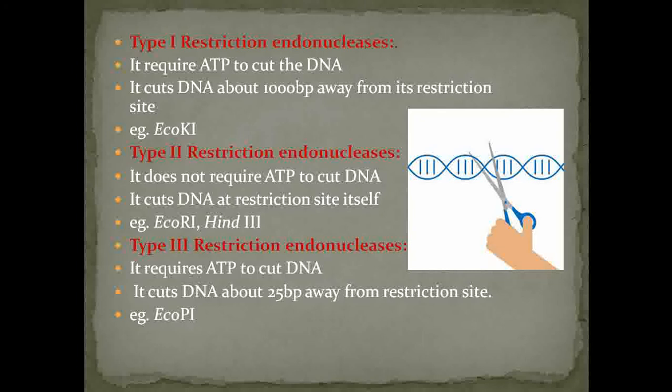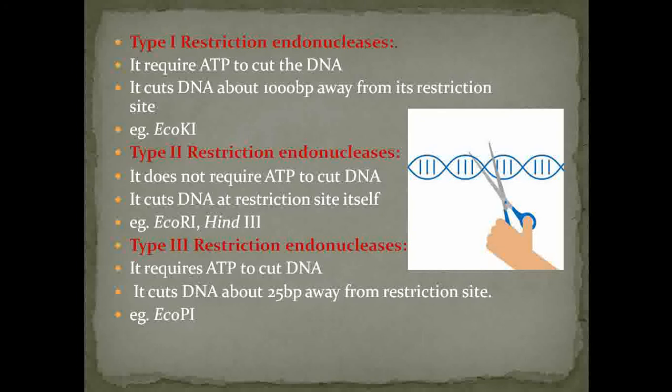Type one restriction endonucleases require ATP to cut the DNA. They cut the DNA about 1000 base pairs apart from its recognition site, and an example is EcoKI.